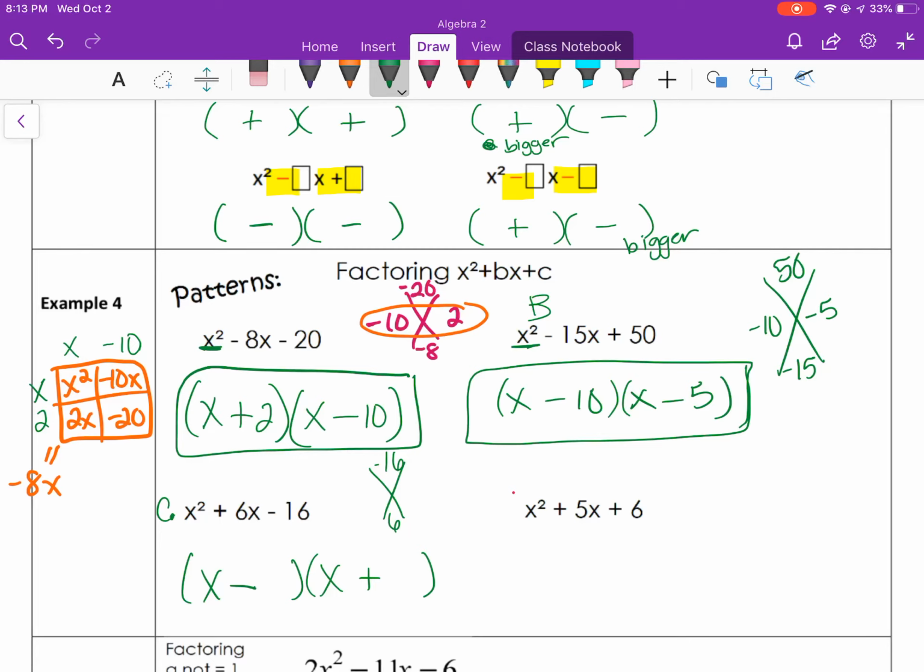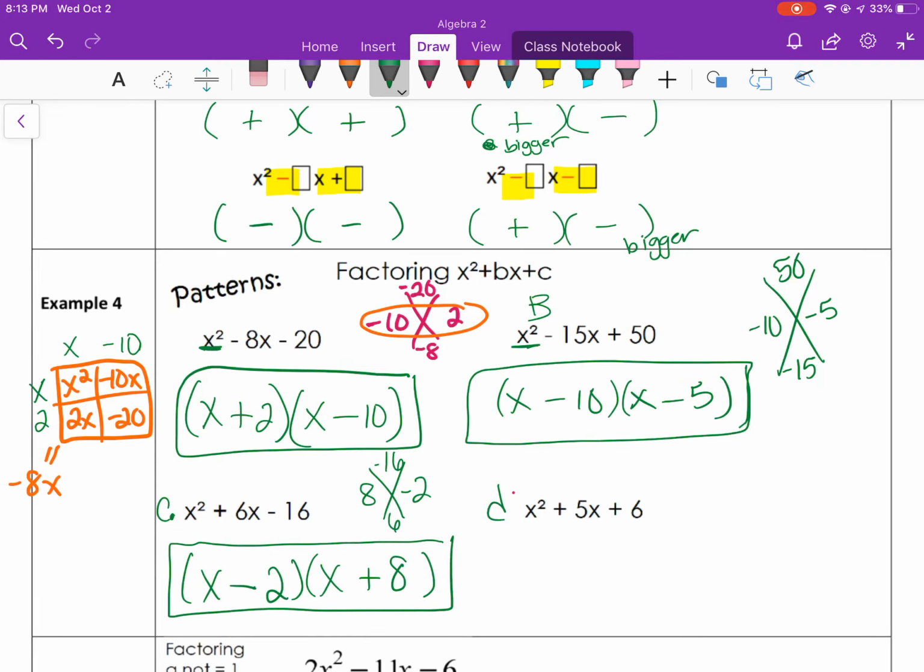So you're looking for two numbers that have a difference of 6, essentially, that multiply to 16, which would be 8 and 2. 8 and 2 have a difference of 6, and I want it to be positive 6, so the 2 is negative, the 8 is the positive one. They multiply to negative 16, add up to 6.